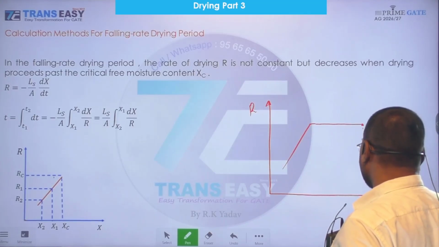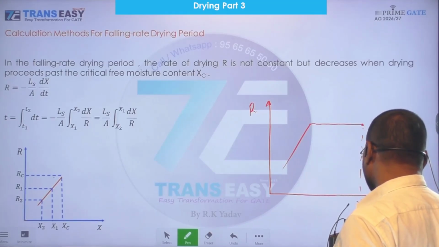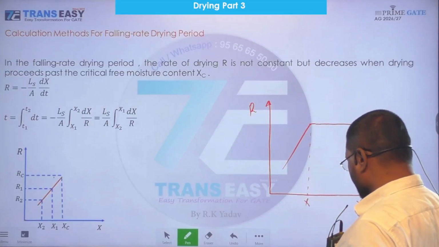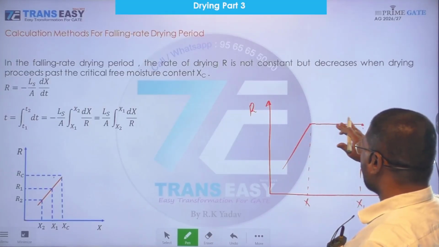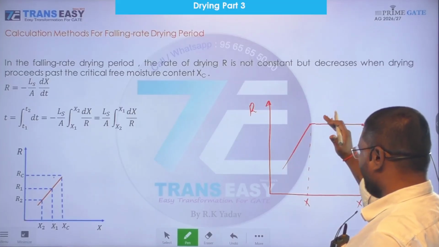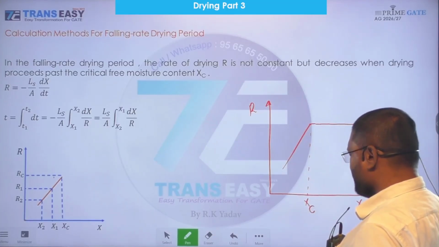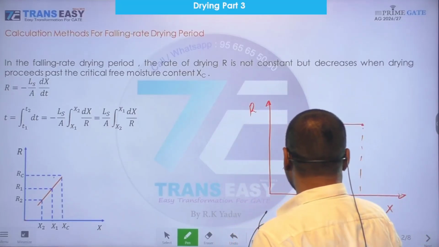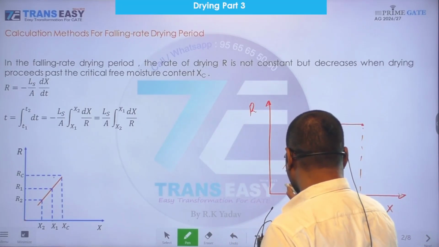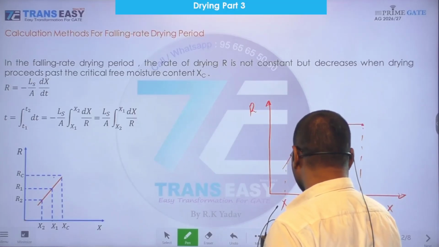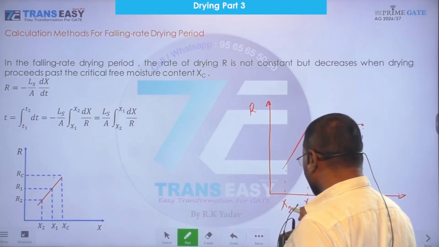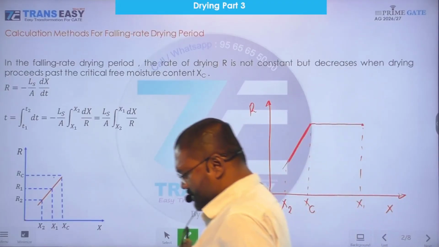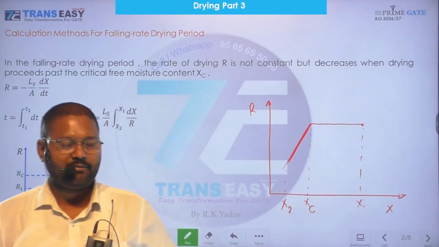Initial free moisture content is X1 and the moisture content where constant rate drying period ends is called critical free moisture content, right? And this is X2. From Xc to X2 we have falling rate drying period.